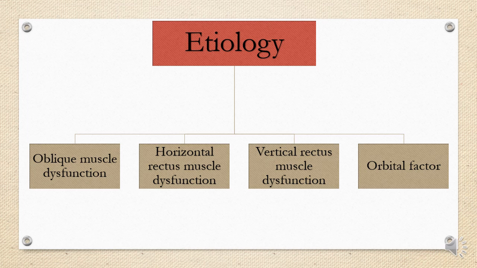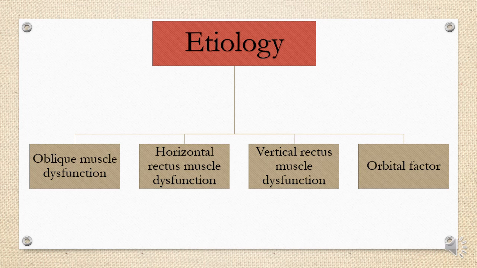Finally, coming to the orbital factors. Patients with Alpert and Crouzon syndrome show a V pattern, so whenever these patients come with an A or V pattern, the patients with Alpert and Crouzon will always show a V pattern type of squint.